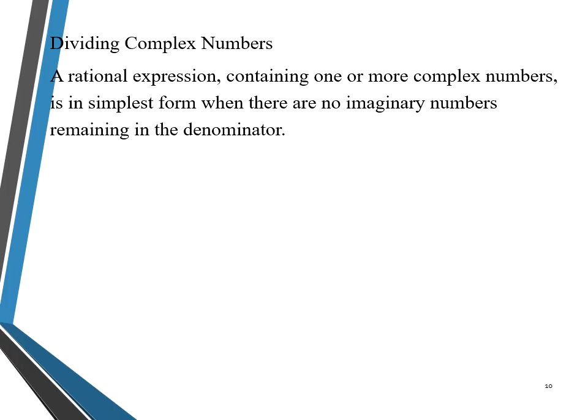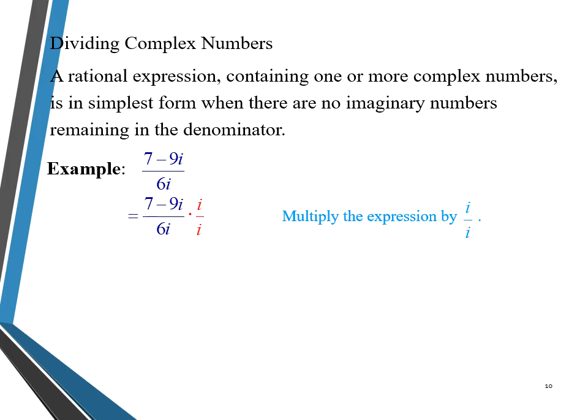Dividing complex numbers. When you divide a complex number, you need to get rid of i in the denominator. So here, for example, we can simply multiply by i.